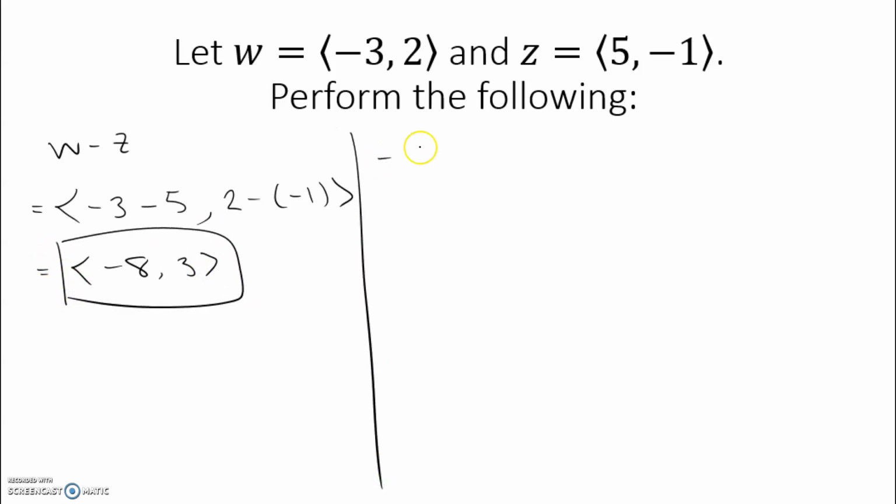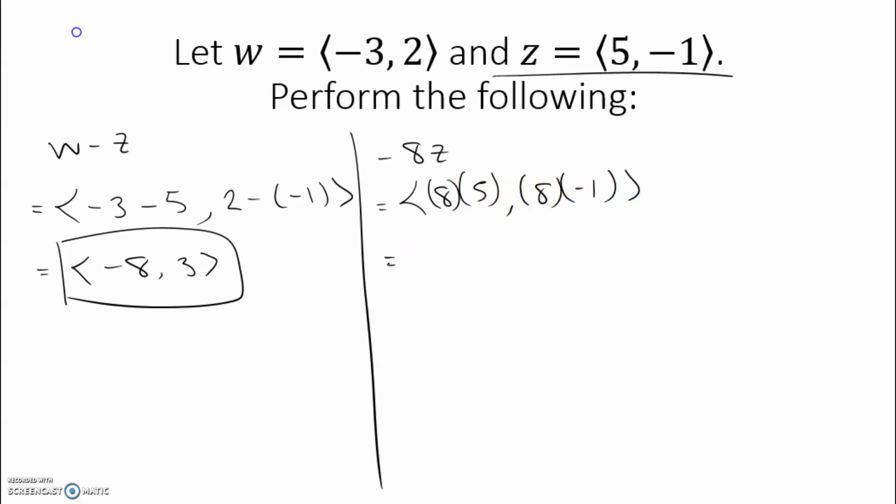Now negative 8z, a scalar times a vector. So I take z and multiply both components by negative 8: negative 8 times 5, comma, negative 8 times negative 1. That will give us negative 40, comma, 8.